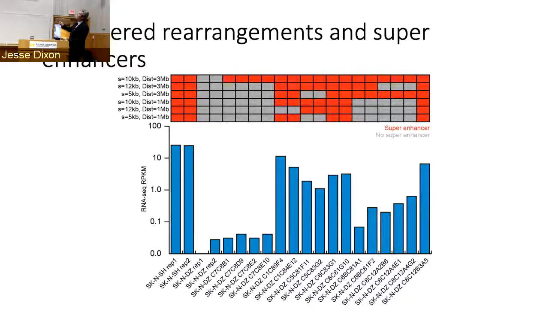So we tried a variety of different parameters to call these. At the sites where we reproducibly call them, regardless of parameters, we generally tend to see slightly higher expression. But again, this is a little bit hand-waving, and so we wanted to find better explanations than just saying super enhancers explain this.